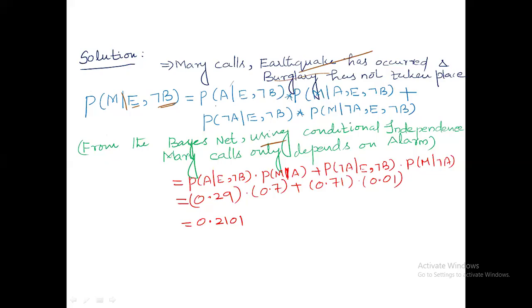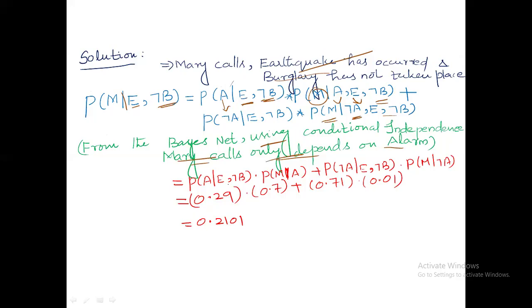If you're expanding this, we will write it as probability of A, alarm rings, given E, earthquake happens, B, burglary does not happen, into probability of Mary calls given alarm rings, plus probability of A bar given E, B bar, into probability of Mary calls given not alarm. So by using the Bayes theorem and conditional independence, Mary calls only depends on the alarm.